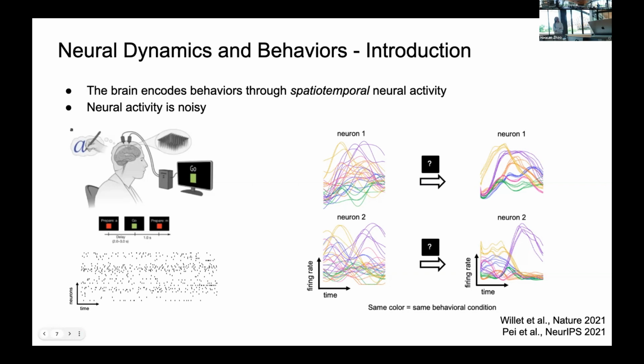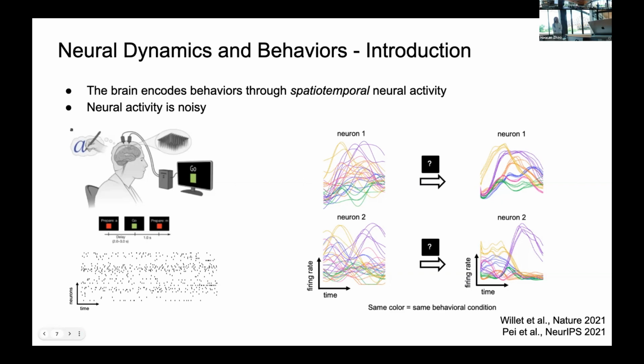But the problem of neural decoding is that the activity of the neurons is intrinsically noisy. Here we show a snapshot of a smoothed version of these spike trains, and as you can see, it's very noisy, even when the neurons are in the same behavioral conditions.